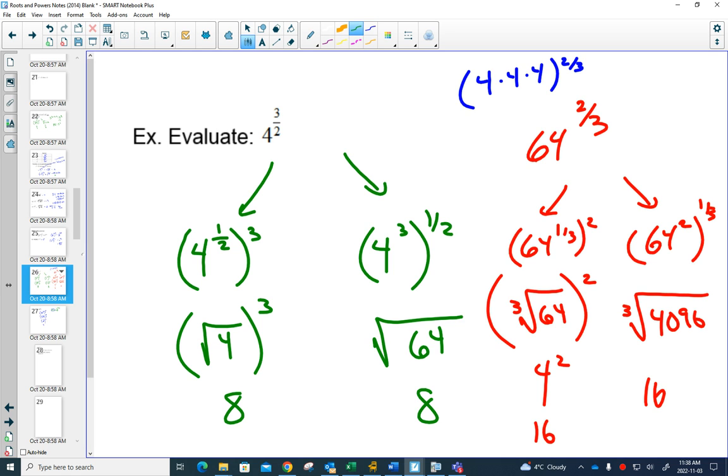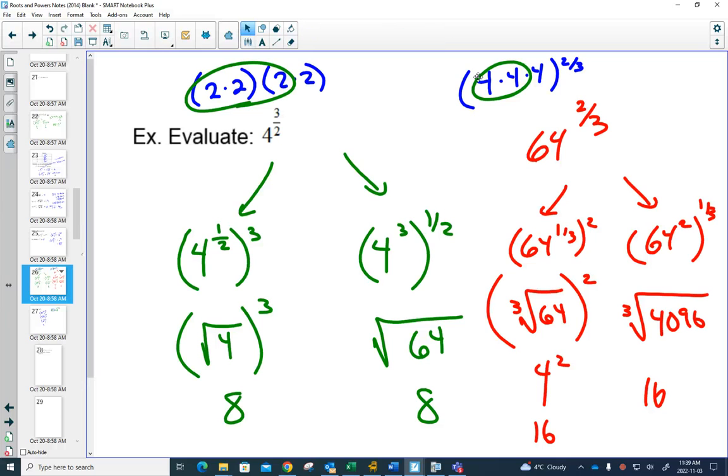If I take 2/3 of that, I get 16. And 4 is 2 times 2. Another 4 would be 2 times 2, but if I take 1 1/2 of them, I get it.